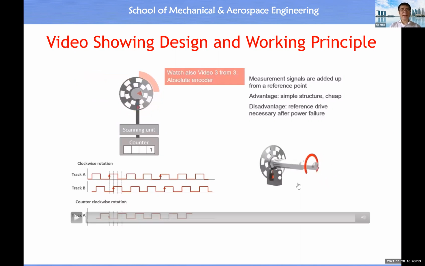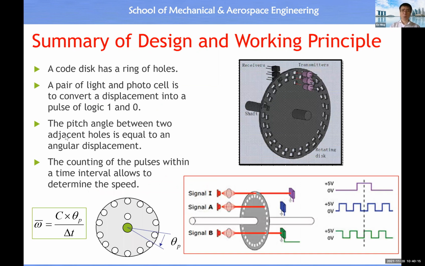All right, so this slide summarizes the working principle and the key elements inside the design of a velocity sensor. From this picture, you will see the key elements include a light source and photocell, and also a rotating disc.